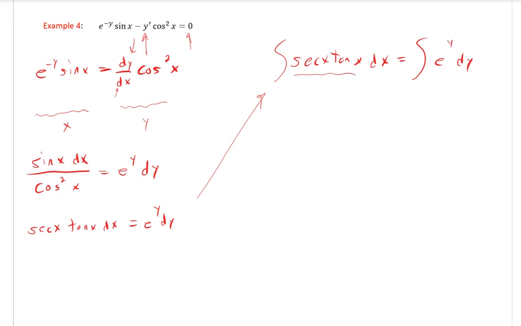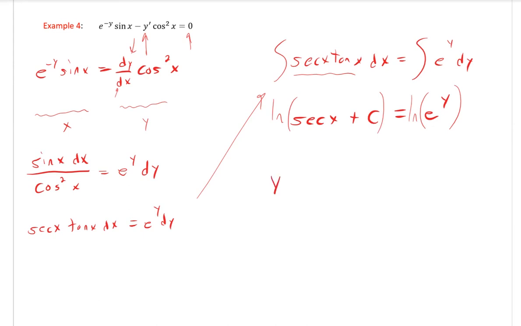And the integral of secant x tangent x, we should know that as secant x plus c equals e to the y. Remember that we'll get a constant from both sides, but we can combine it into just 1. Then to get y by itself, we take natural log of both sides.